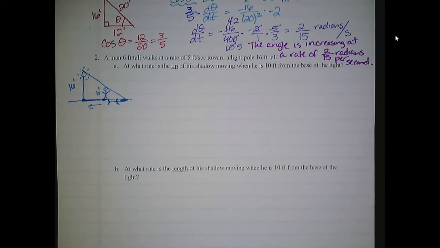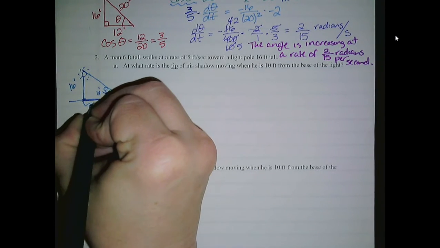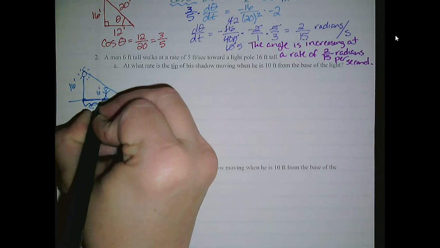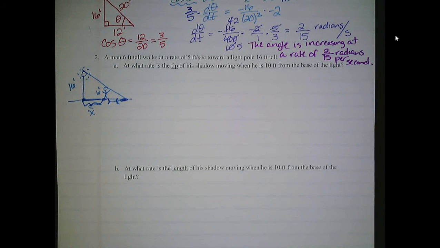So I'm going to need some kind of variable to represent that distance. I'm going to call it x, and let x represent the distance that the man is from the light pole at any time. And of course that value is changing as he's walking towards the light pole. That value is decreasing.